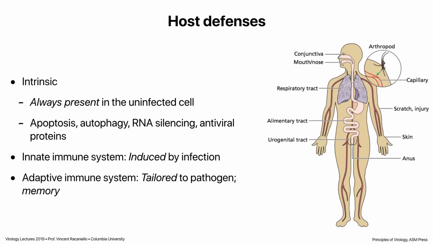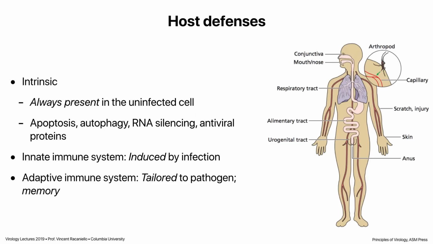We talked about the innate immune system, which can sense a foreign protein or nucleic acid and respond by producing cytokines, including interferons, which then induce antiviral proteins. And we said that the innate immune system is induced by infection, but typically doesn't have memory.